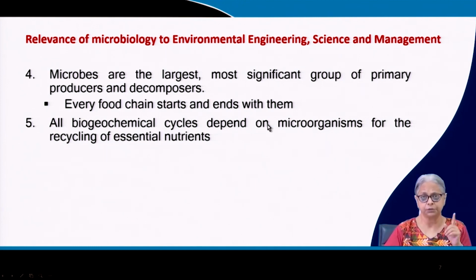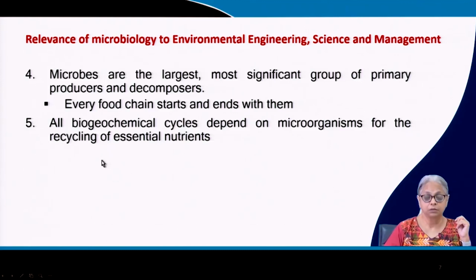And some of the bacteria, without forgetting to mention that, some of the bacteria are primary producers as well. Okay, so they are autotrophic organisms. So these autotrophic organisms are essential for the beginning of the food chain and after the end of life for all organisms, which happens at the end. The decomposers are also microorganisms. So life begins and ends with these microorganisms.